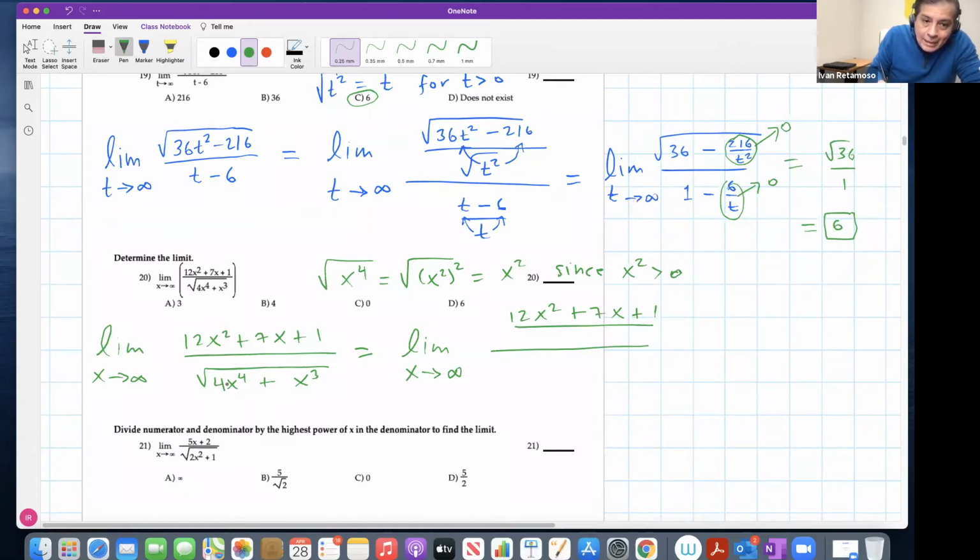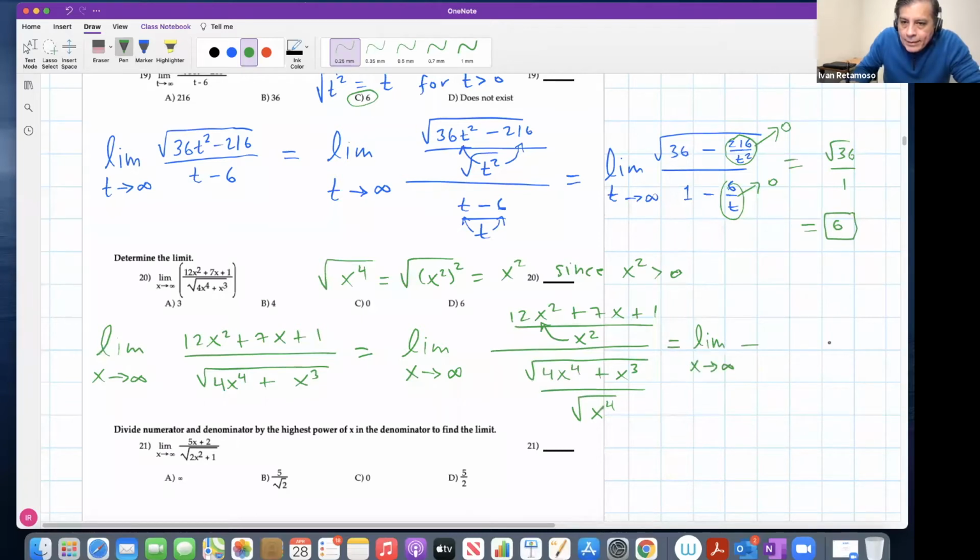But since there is a radical, you divide the 4 by 2, so the divisor is x squared. In the denominator, you divide by x squared too, but write it in its equivalent form, the square root of x to the 4. All right, so then 12 x squared divided by x squared is just 12.